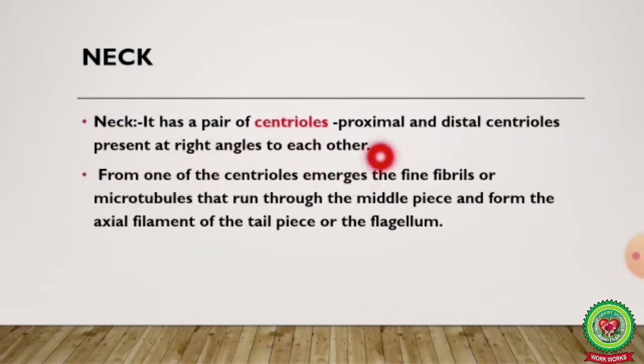One centriole is known as proximal centriole and another is known as distal centriole, present at right angle to each other. From one of the centriole emerges the fine fibrils or microtubules that run through the middle piece and form the axial filament of the tail piece or the flagellum.